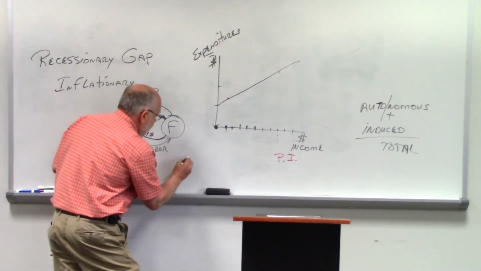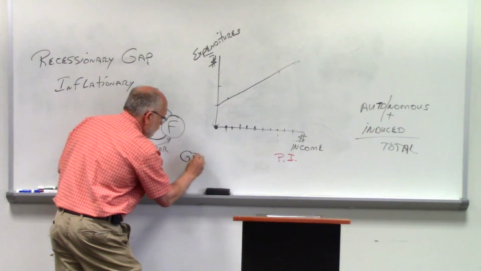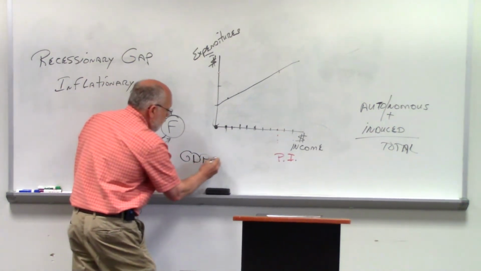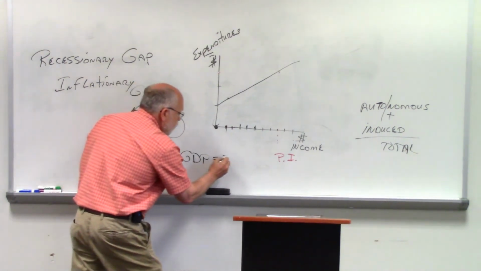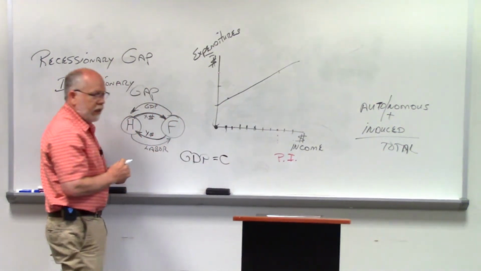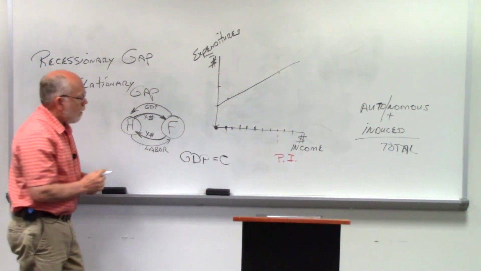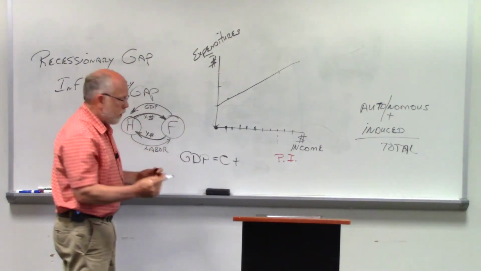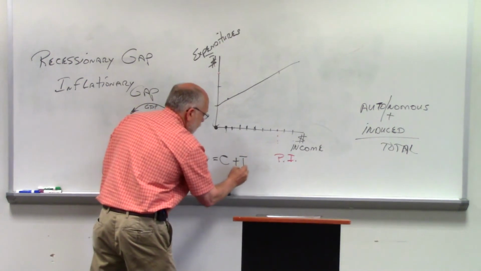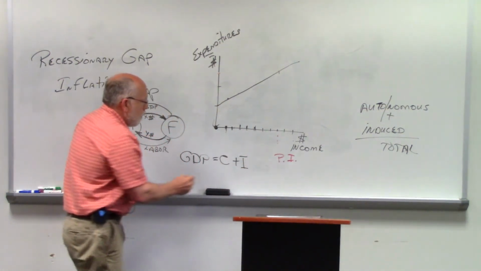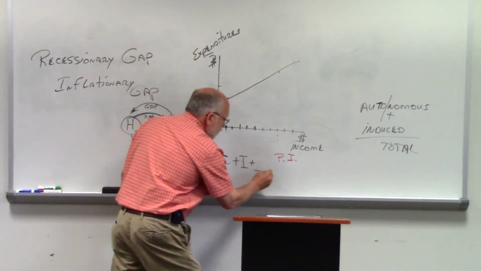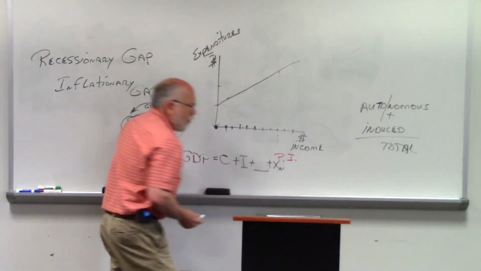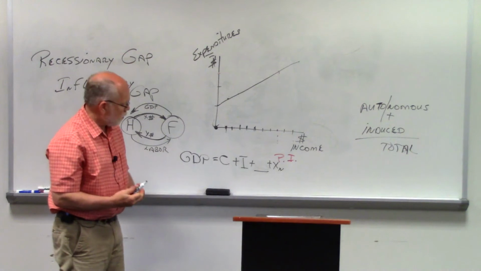I'll just say GDP, gross domestic product, is made up of consumer spending, called C, plus business investment, called I, plus one I'm going to skip for a second, plus one more I'll call XN for net exports.